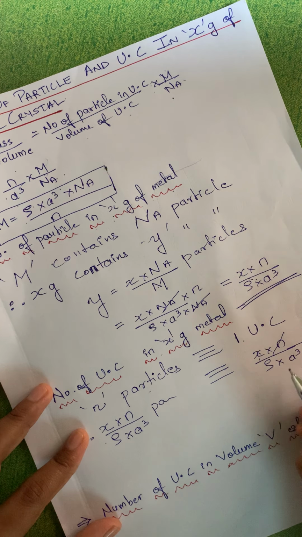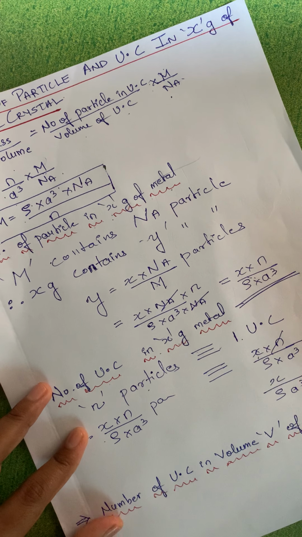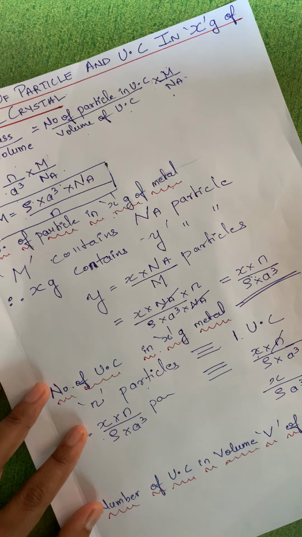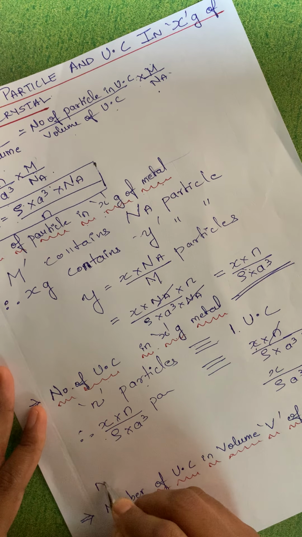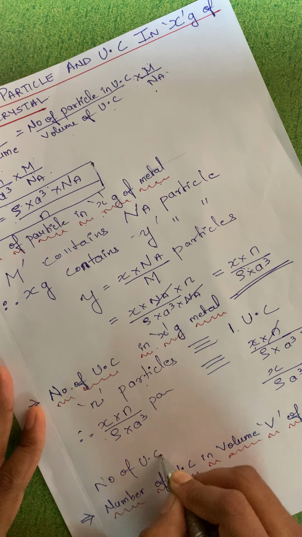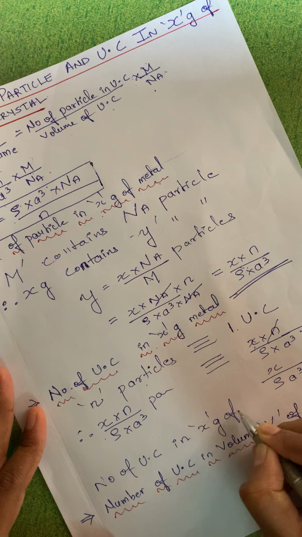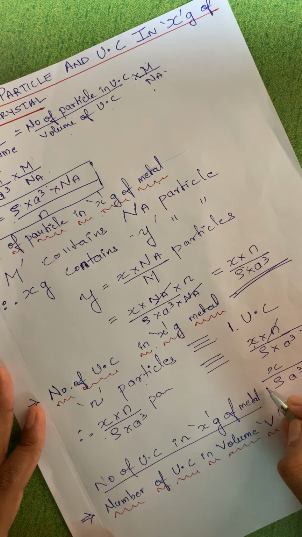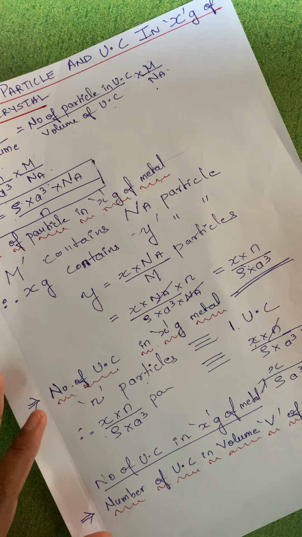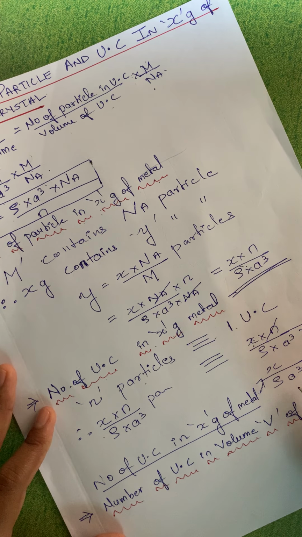So the value will be nothing but x upon density into a cube. So I can say that this many number of unit cells will be there. The number of unit cells in x gram of metal will be nothing but equal to x upon rho into a cube.